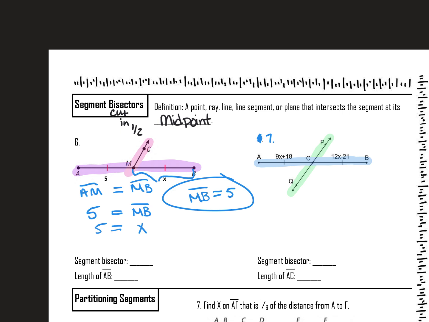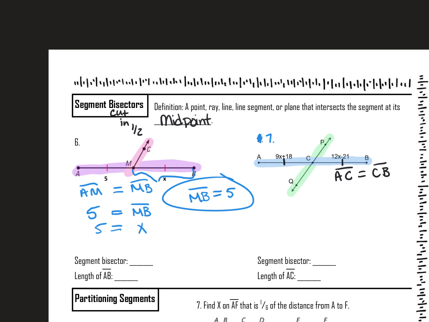So again, we are saying that this is bisecting, all right? So that means that segment AC is congruent to segment CB.